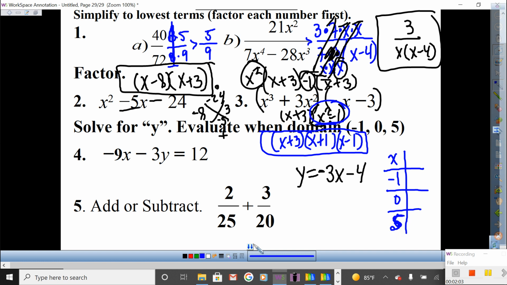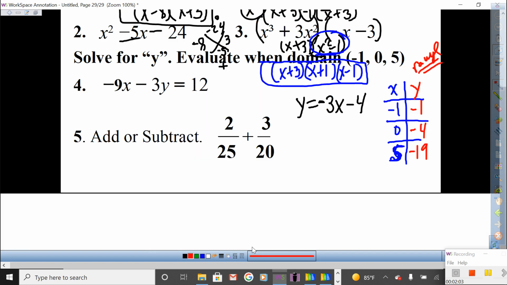So what did you get for the range? Pass someone, Pamela? Range. I got -1, -4, and -19. Hands, have you got that? That is correct. Let's go.